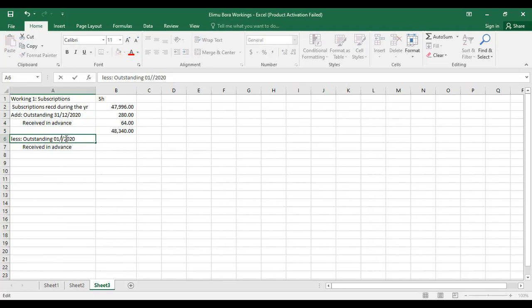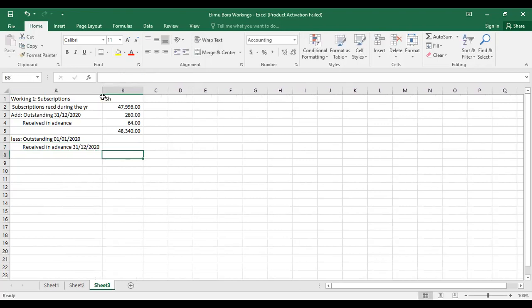Because it doesn't belong, we are adopting the accrual basis. Then we have the received in advance, mark the date, on 31st December 2020. So I'll check these figures. The subscriptions that were outstanding as of January were 240.